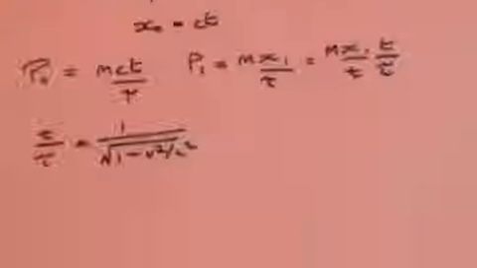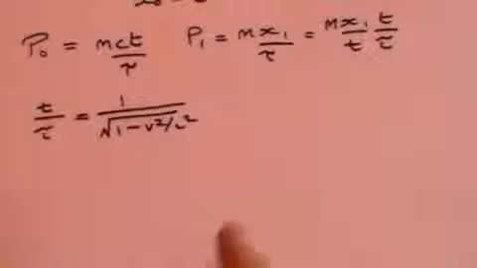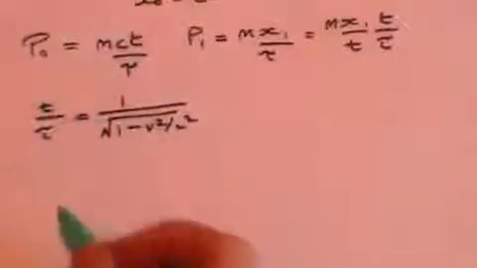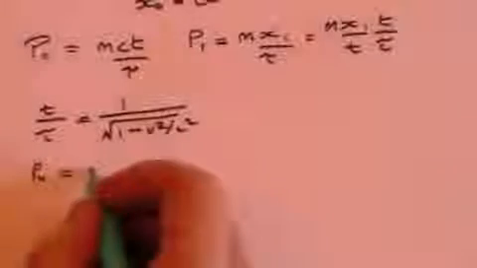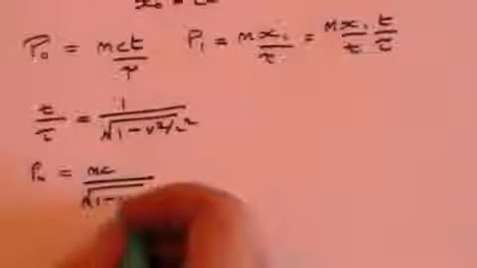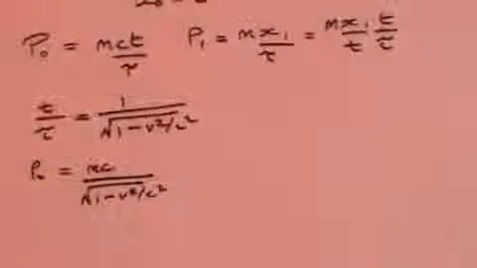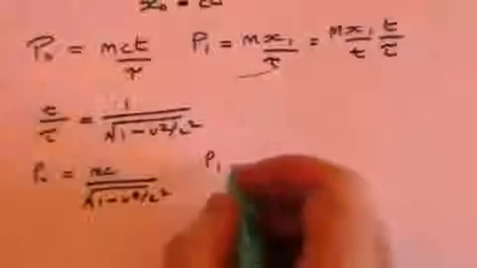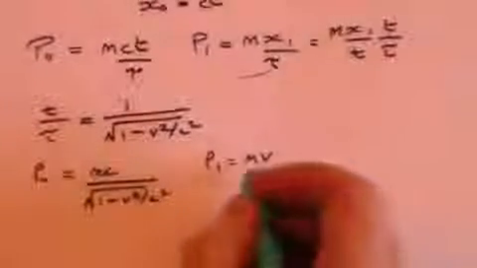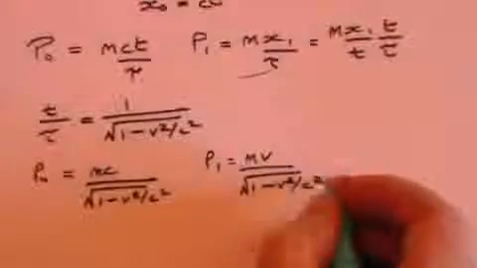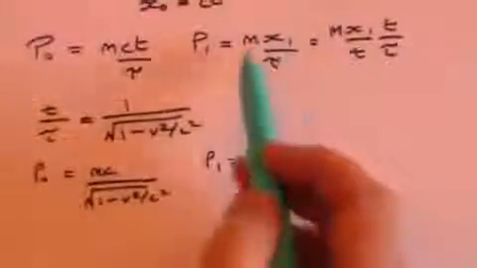And so we can conclude that the first element of this 4 momentum vector, p0, equals mc divided by the square root of 1 minus v squared over c squared. The second element, p1, equals mv divided by the square root of 1 minus v squared over c squared, because x over t equals v.